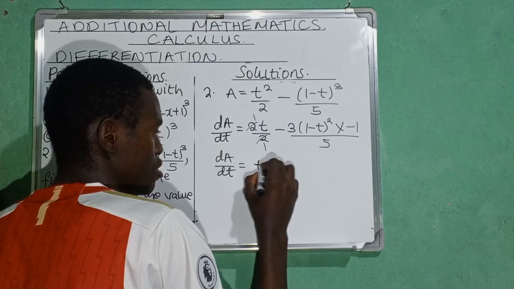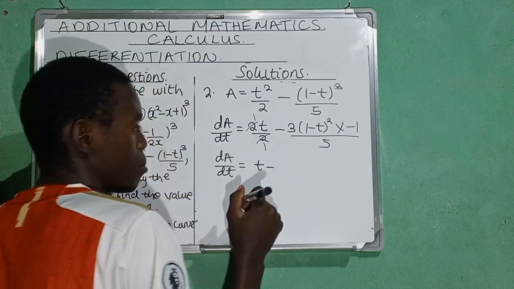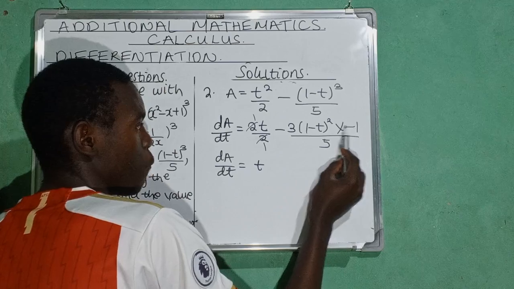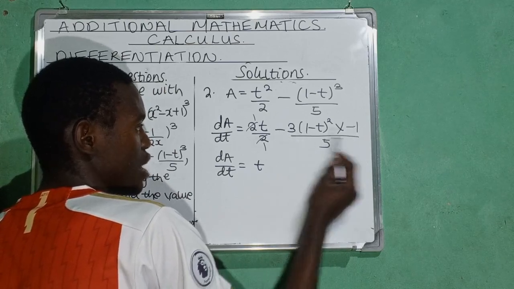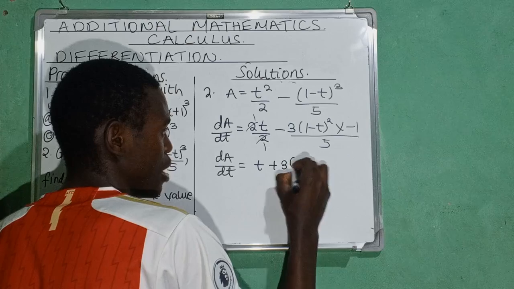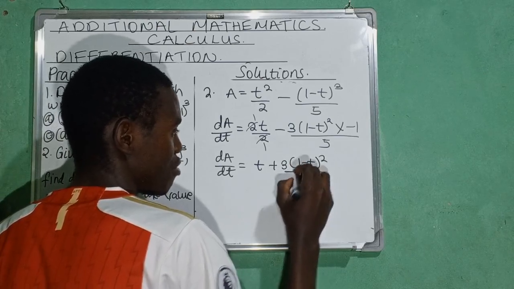We're going to have t minus, let's just write t for now, there is a negative 1 multiplied by negative 3. Let's multiply the numbers first. We're going to have positive 3 multiplied by (1 minus t) squared over 5.